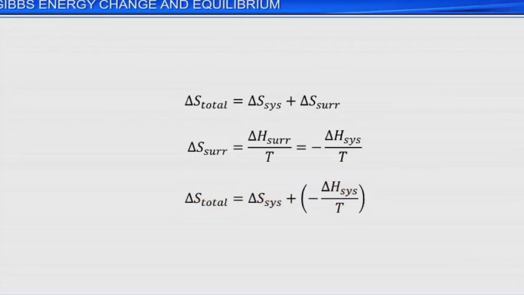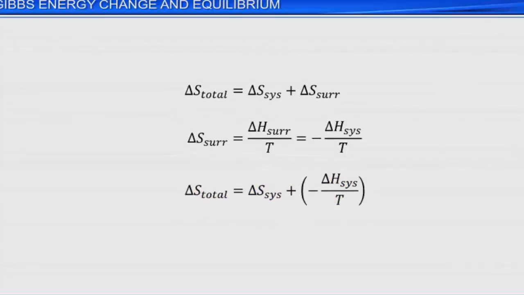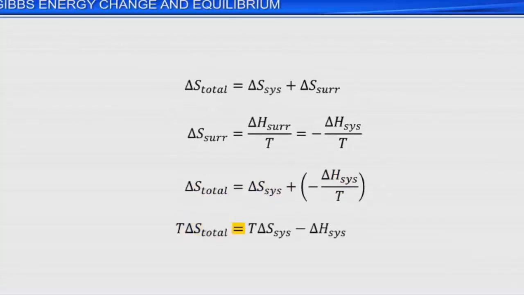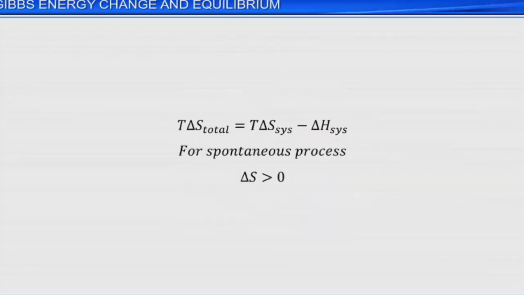But we know that for spontaneous processes, change in entropy delta S is greater than 0. Thus, we can rewrite the equation as T delta S system minus delta H system is greater than 0.